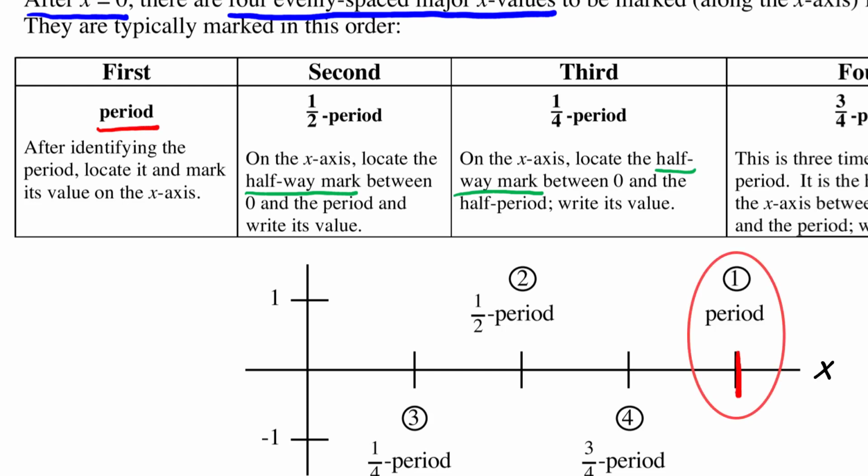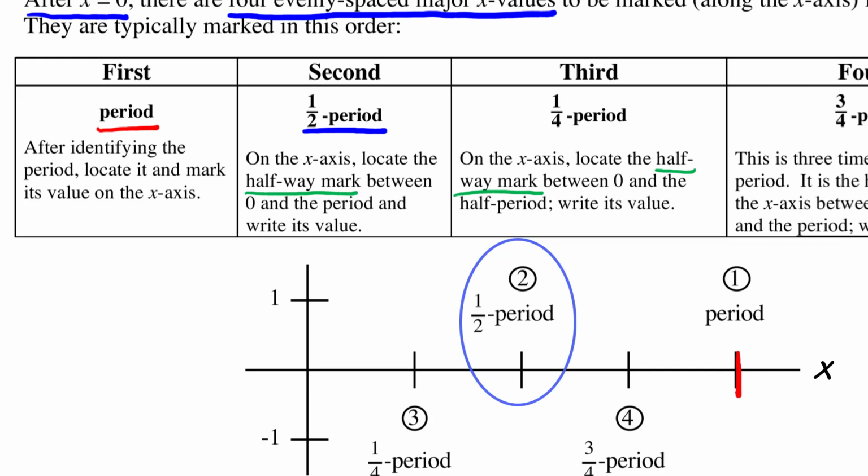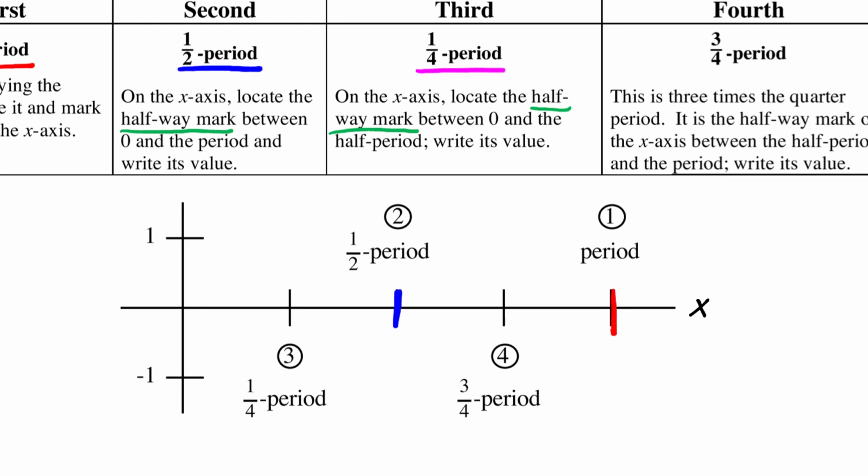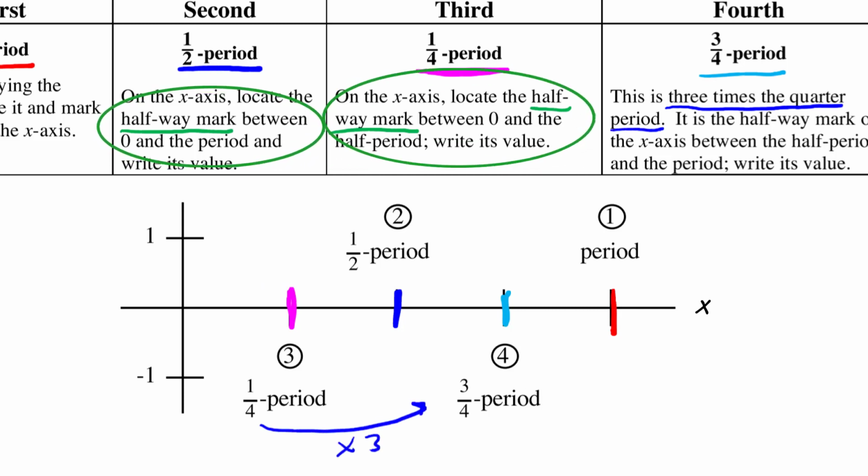Then we'll recognize the half period. Then the quarter periods. And then we'll find the 3/4 period by multiplying by 3. Notice that the 3/4 period is 3 times the quarter period. And the half and half part comes in finding the half period and then taking half of that to find the quarter period.